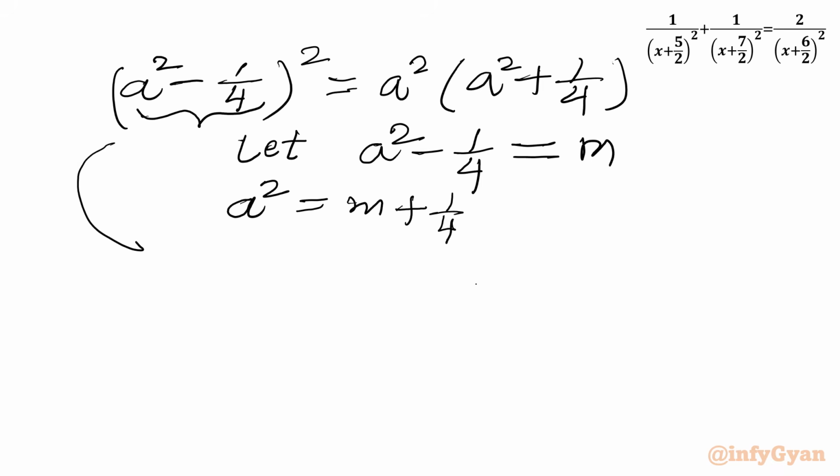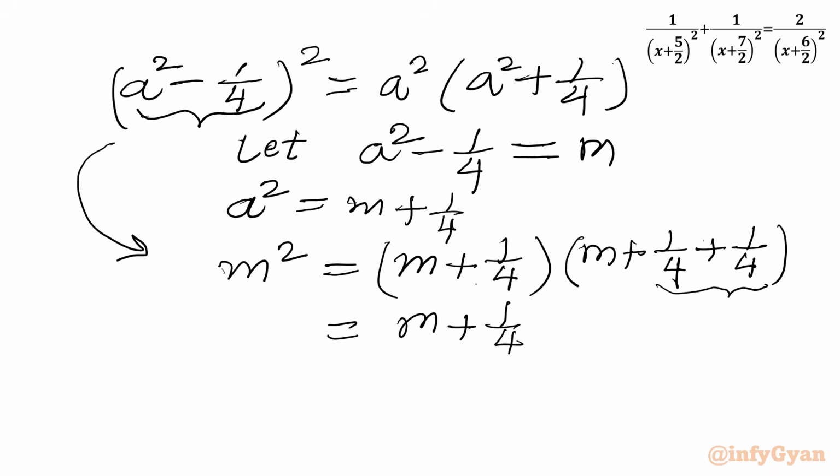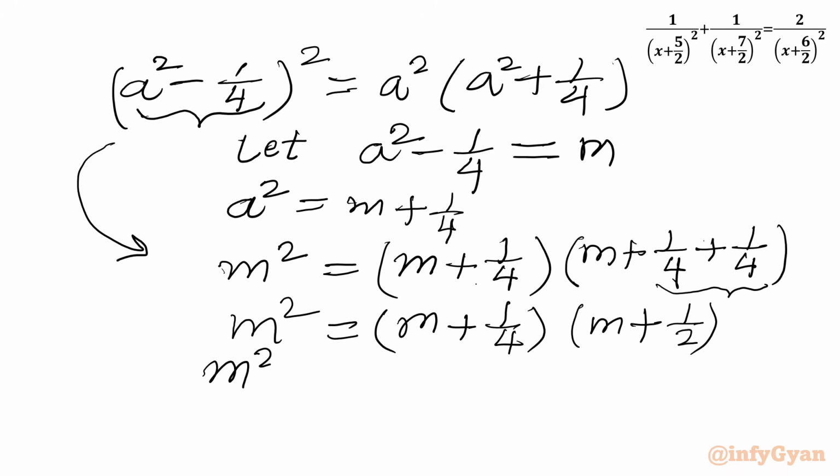So we can write our equation m square equal to a square, that is m plus 1 over 4, times a square, m plus 1/4, plus 1/4. So 1/4 plus 1/4 will be half. We'll write m plus 1/4 times m plus half equal to m square. Now we have to simplify the right hand side.